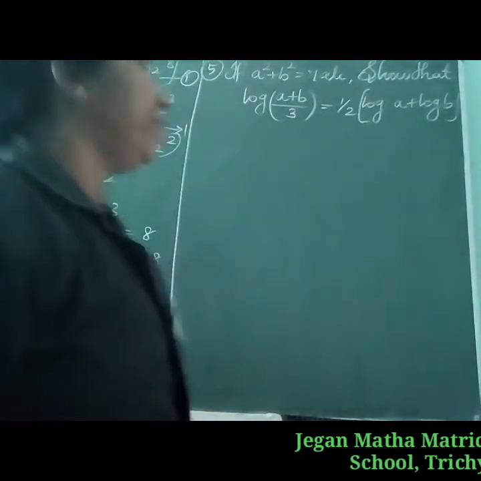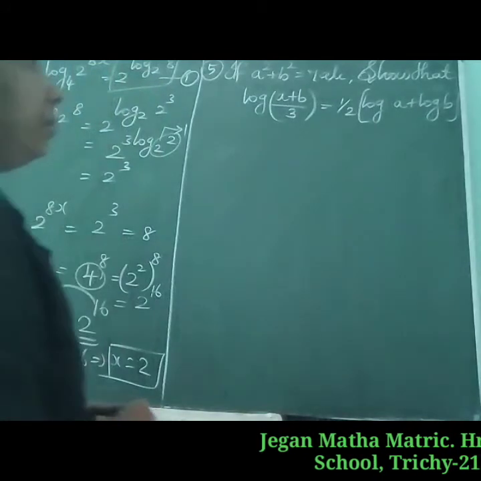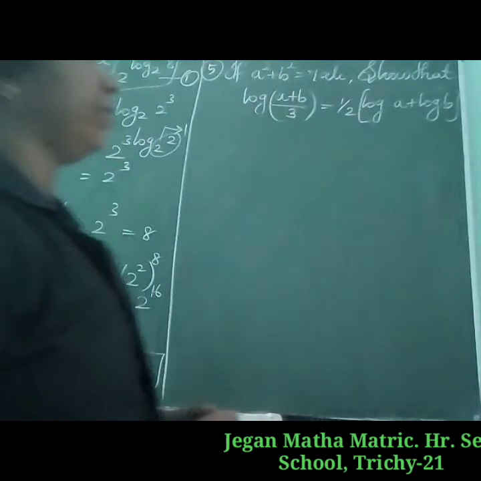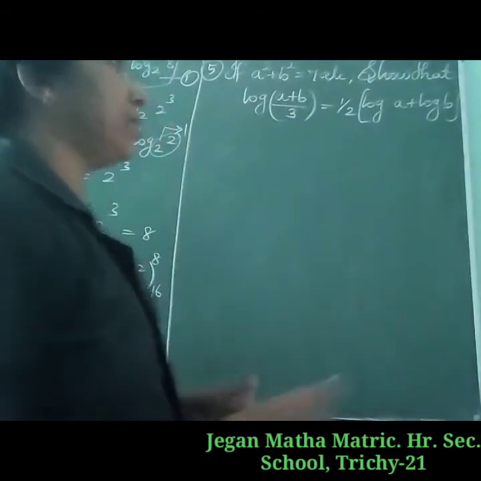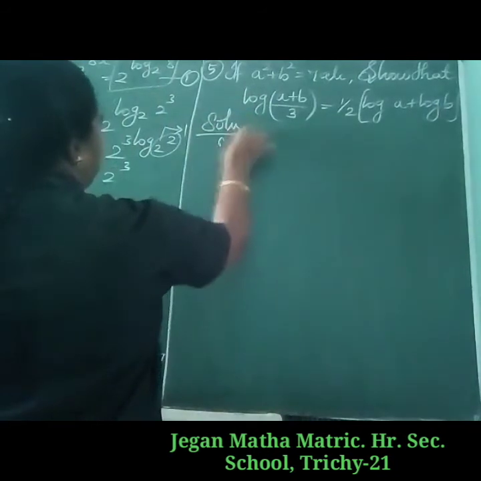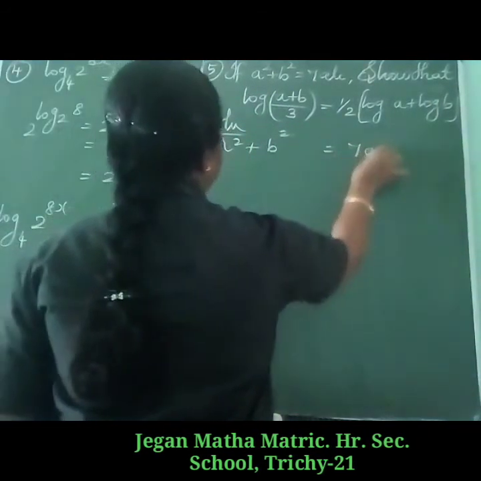Now the next question: if a square plus b square is equal to 7ab, show that log of (a plus b) by 3 is equal to 1 by 2 into (log a plus log b). So we start. A square plus B square is equal to 7AB.